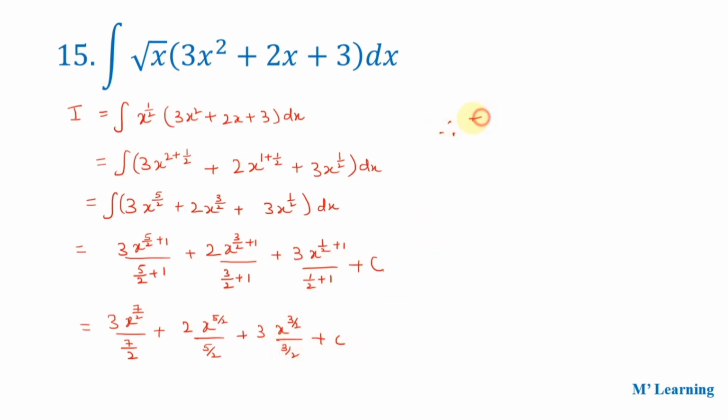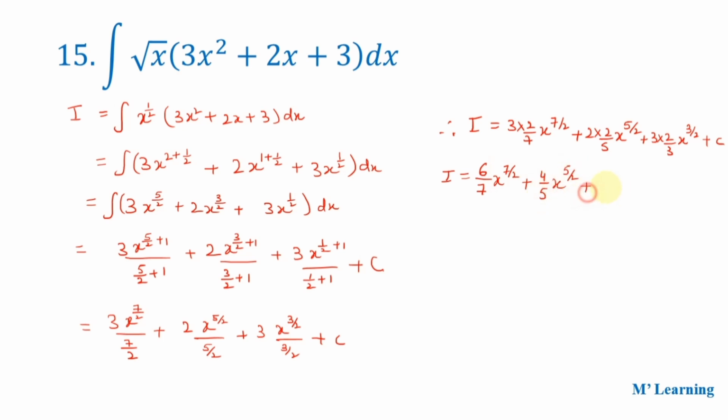So therefore our integration will be 3 into 2 by 7 x to the power 7 by 2, plus 2 into 2 by 5 x to the power 5 by 2, plus 3 into 2 by 3 x to the power 3 by 2 plus c. So basically it becomes 6 by 7 x to the power 7 by 2 plus 4 by 5 x to the power 5 by 2, plus this 3 cancelled, so 2x to the power 3 by 2 plus c.